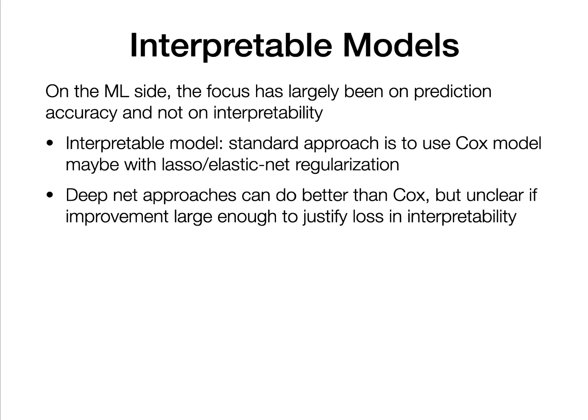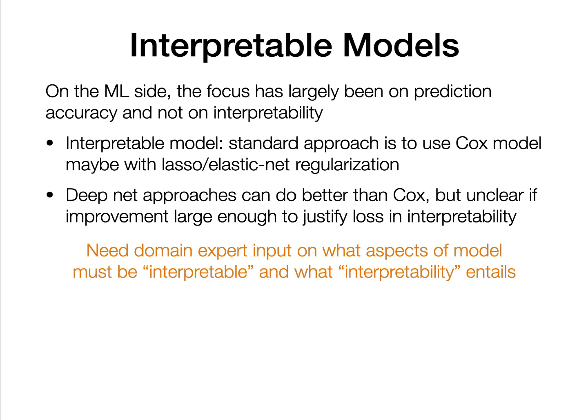Deep learning approaches can give you higher accuracy than these Cox or these other parametric models, but it's unclear if the performance gain, the accuracy improvement, is large enough to justify the loss in interpretability. Okay, so of course it depends on whatever application domain you're working in.